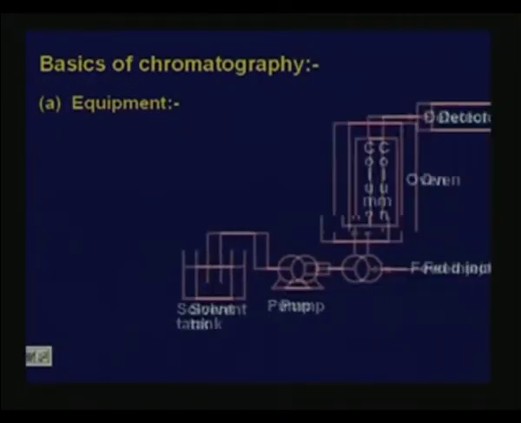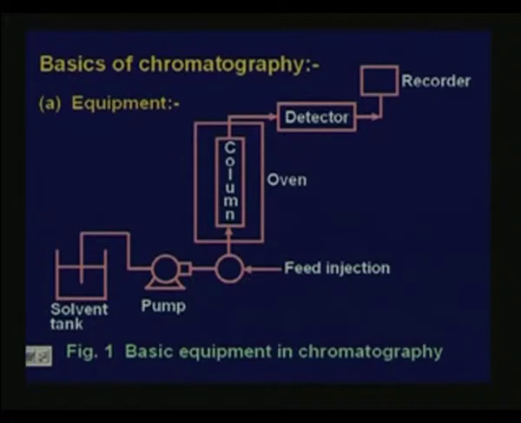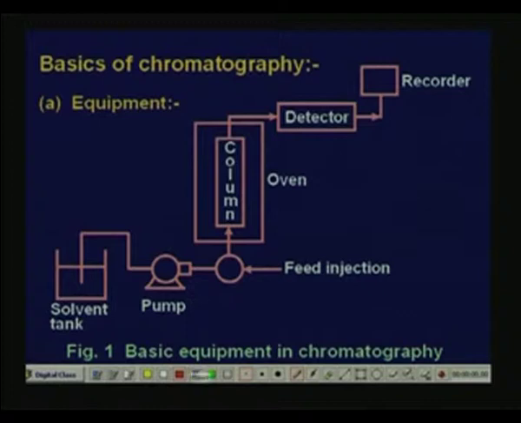Basic chromatography equipment. What is the equipment? Let us see the basic equipment. We have a solvent tank here. We have a pump, so through a pump we are feeding it, and there is a feed injection, which comes here and goes through a column.